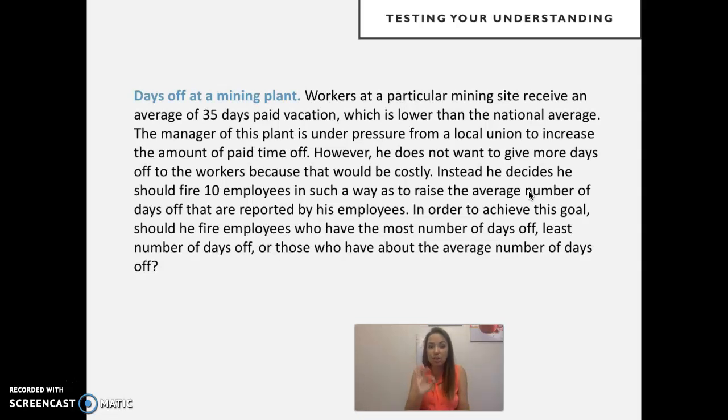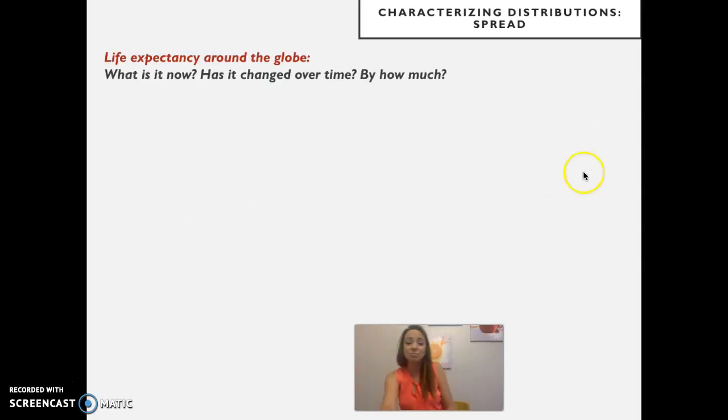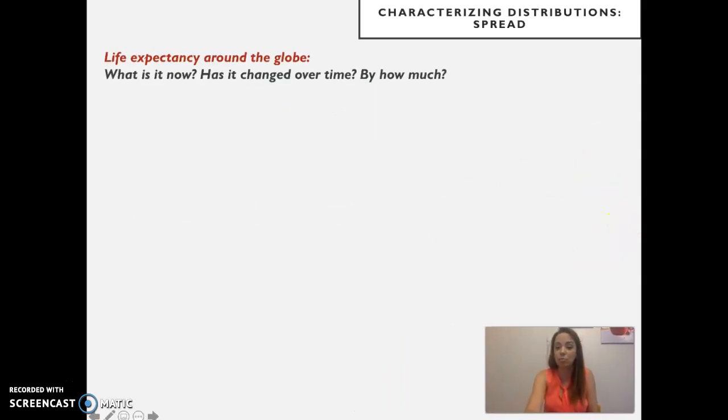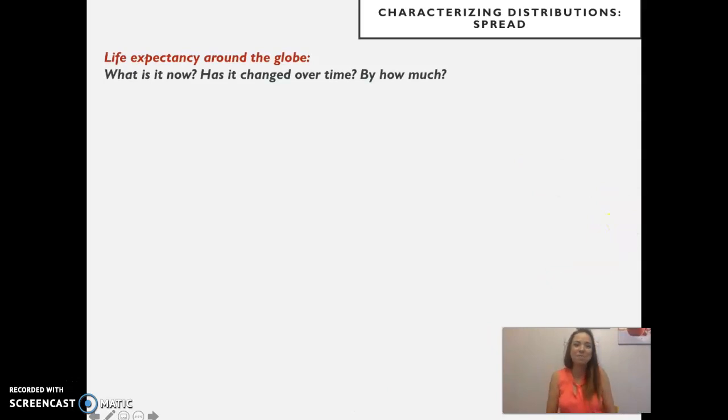It's just important to understand that understanding how means are biased can help you think through your decisions based on data. All right. Hopefully not in a sneaky way that makes workers' lives worse, but to make their lives better, you may need to use the same logic. Anyways, life expectancy around the globe.